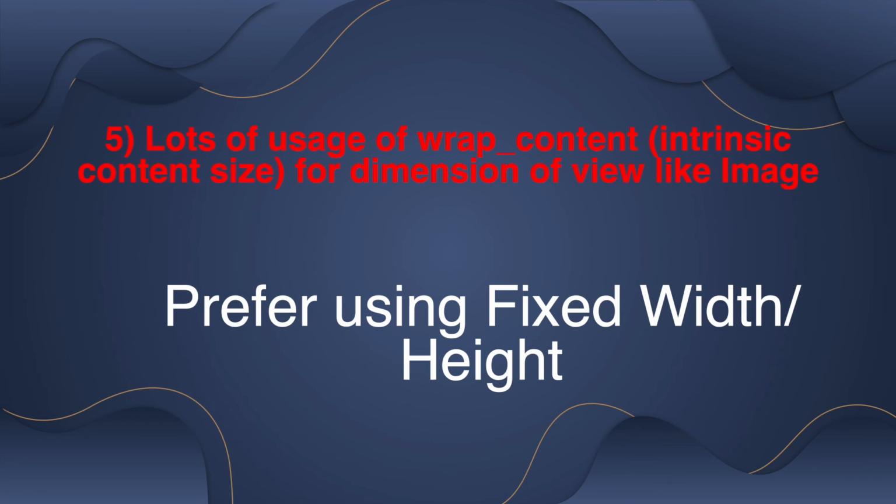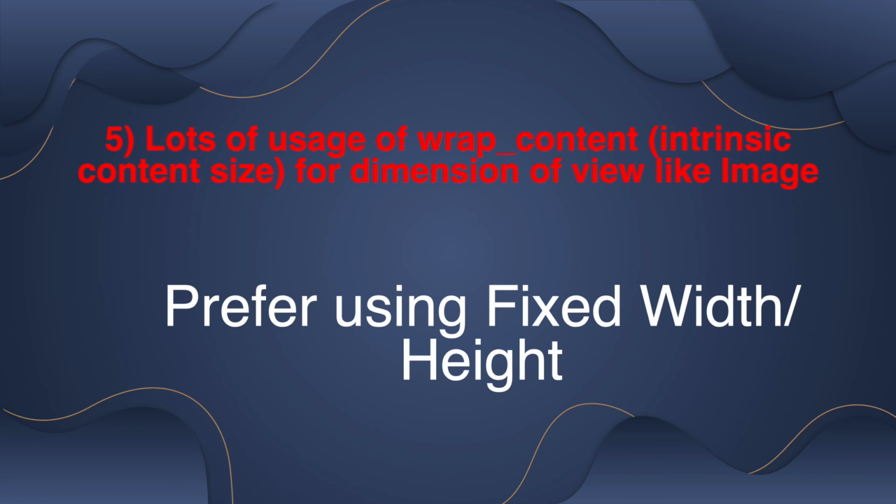The next set of problems is heavy usage of wrap content or intrinsic content size for the dimensions of any view, like an image. In that case, at runtime the view dimension gets calculated and then it is rendered, so that also causes slow rendering.